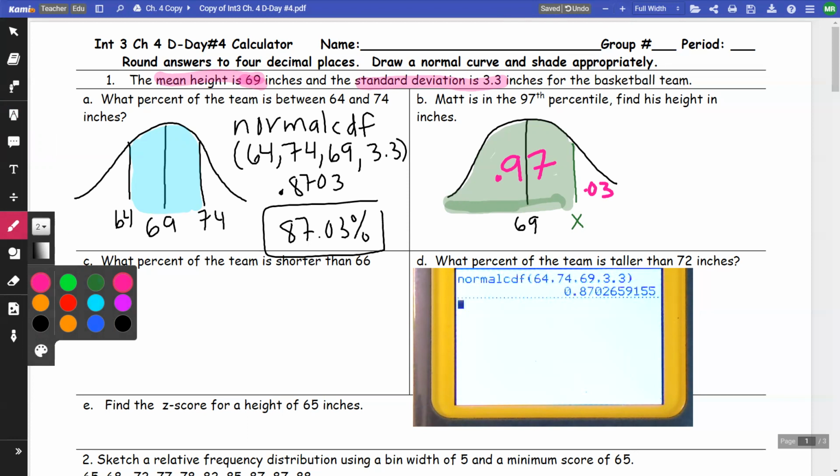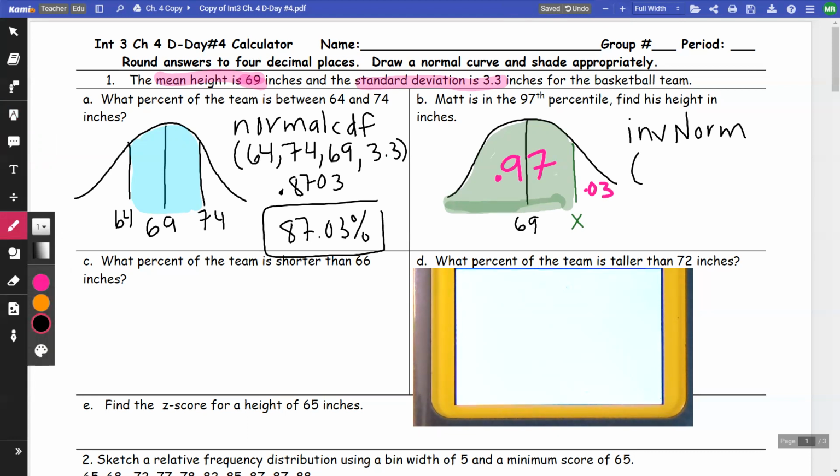So for this one, I am going to use my inverse norm, because I know my area or my percent, and I want to find the value that gave me that. So when I put that in my calculator, which is the third one here, the area is going to be 0.97. Our mean is still 69, and our standard deviation is still 3.3.